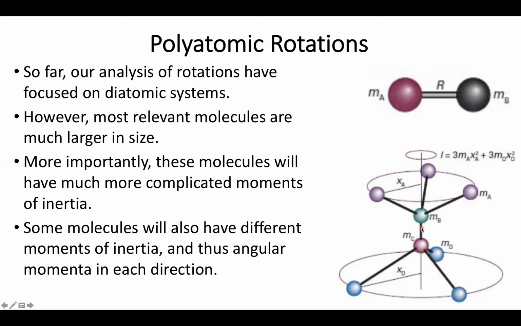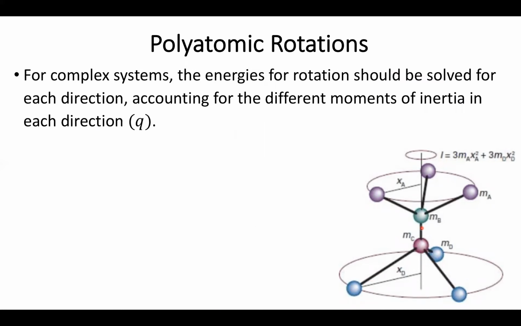And we're going to need to acknowledge that some molecules are going to have very different moments of inertia, and thus angular momenta, depending on the direction. So what we're going to predominantly focus on today is how we're going to essentially account for these different moments of inertia.